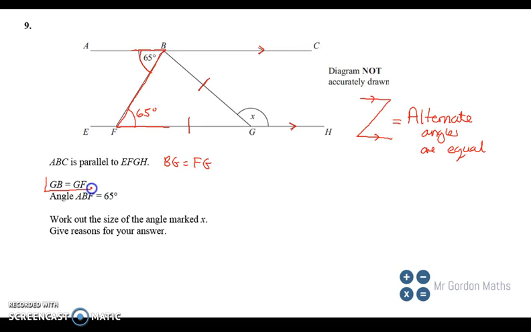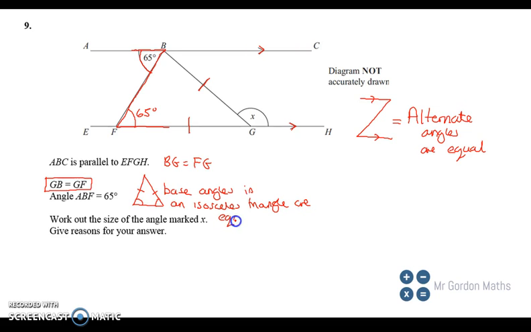GB and GF are equal. Okay, so that means that we've got a triangle with two sides the same. So we've got an isosceles triangle, and base angles in an isosceles triangle are equal.